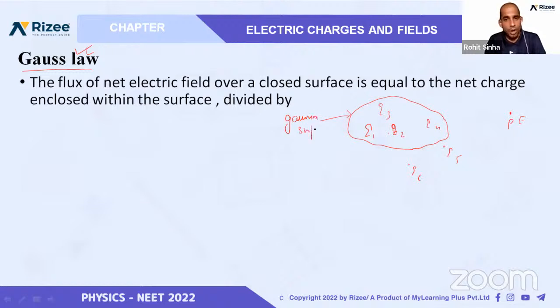I am repeating once more. There are a few charges, Q1 to Q6.